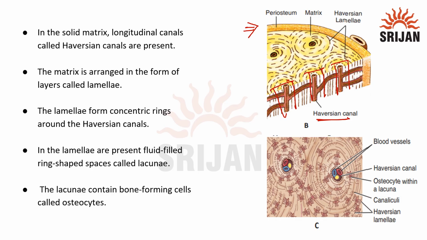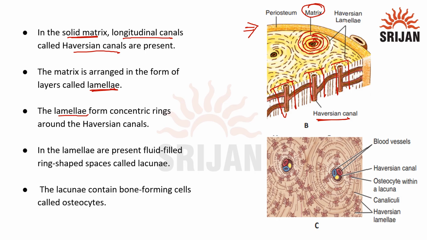You can see that the matrix is arranged in the form of layers, called lamellae, and these lamellae form concentric circles around the Haversian canals.